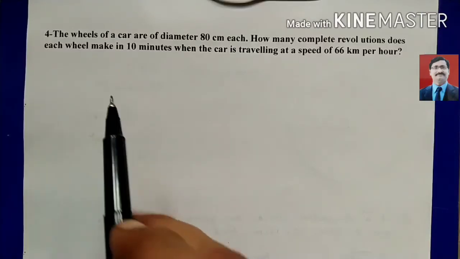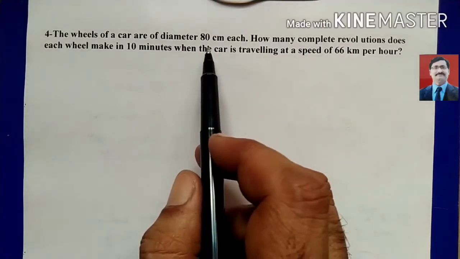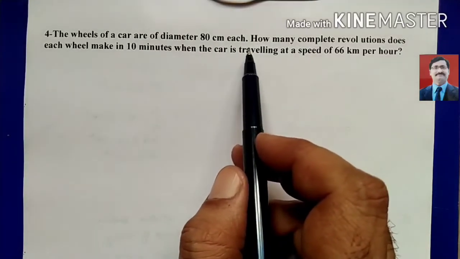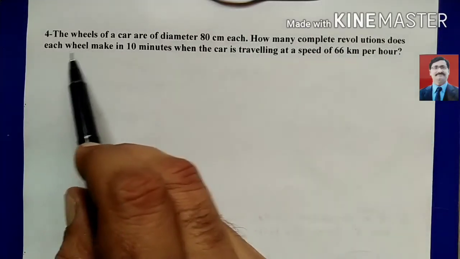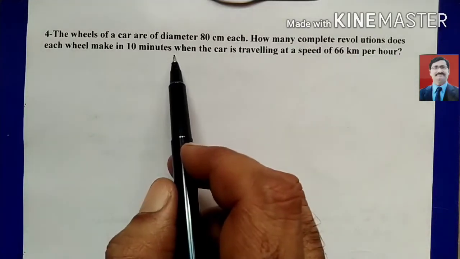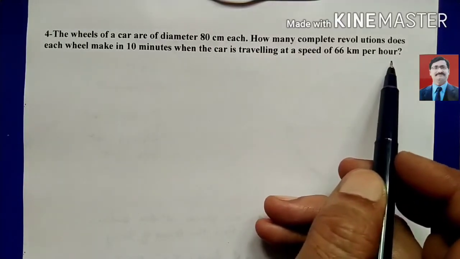Look here, the wheels of a car are of diameter 80 centimeter each. How many complete revolutions does each wheel make in 10 minutes when the car is traveling at a speed of 66 km per hour?